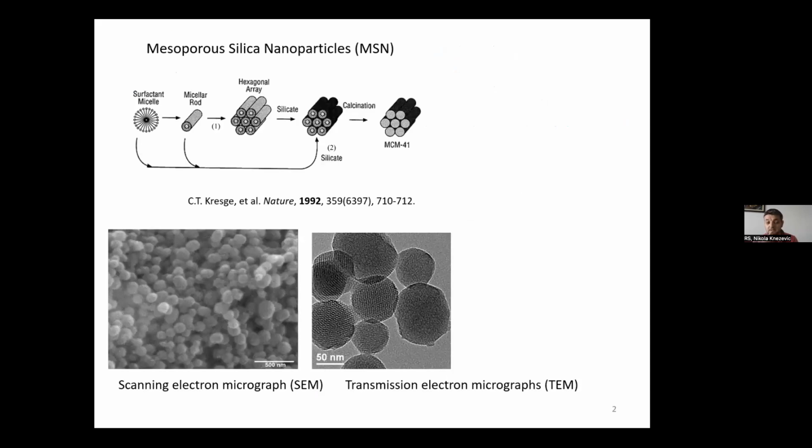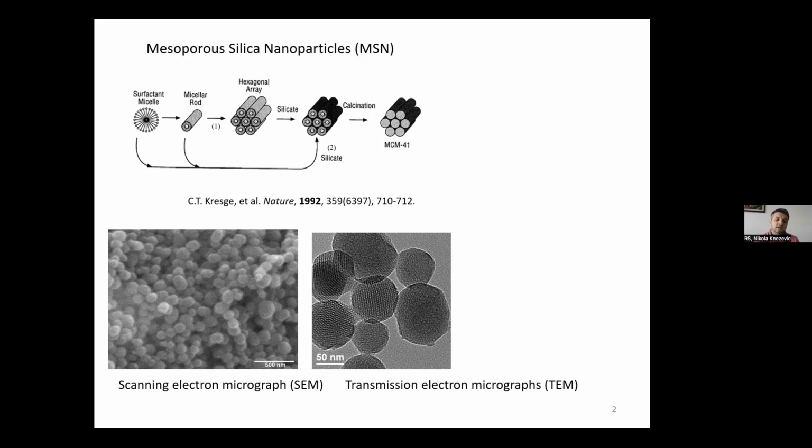I included this old photo from the first paper that involved these materials in Nature 92. They are typically synthesized by a surfactant templated method using CTAB and other possible surfactants. So basically you use this as a template, make a mesoporous structure, and make silica and organosilica around it.